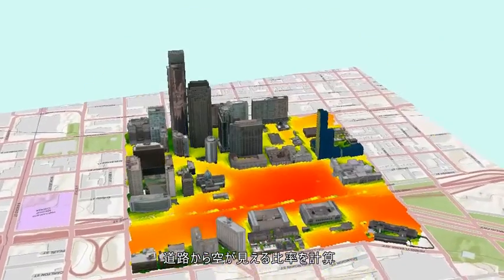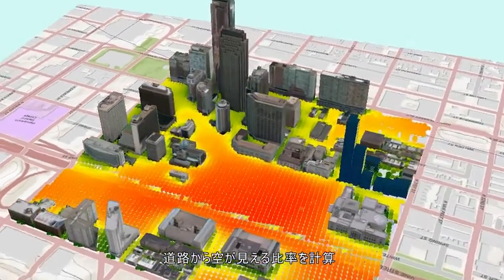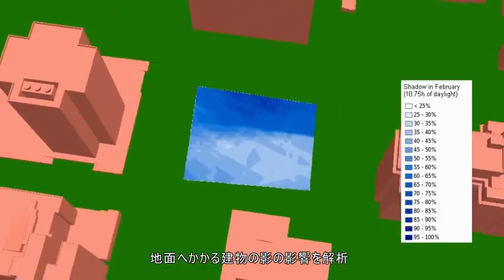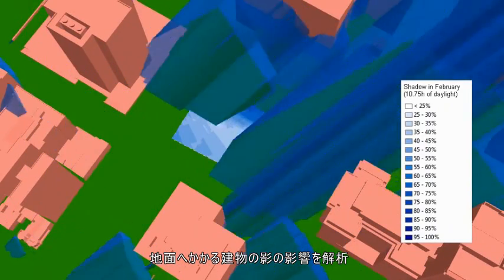We can calculate the percentage of sky that can be seen from the streets in urban areas, and analyze the shadow impact at ground level for any given day in the year.